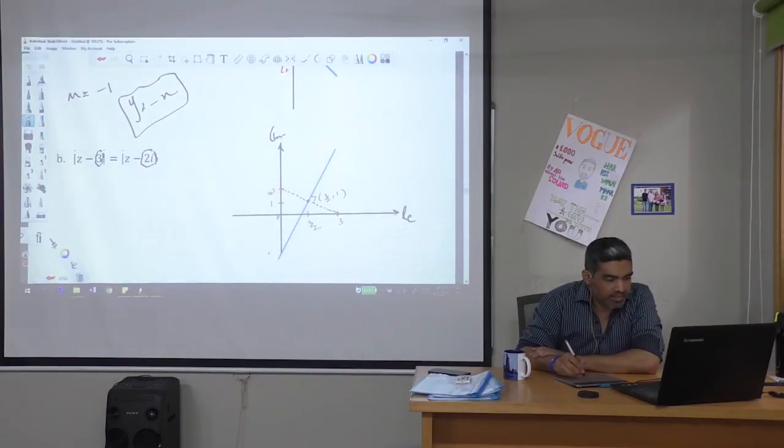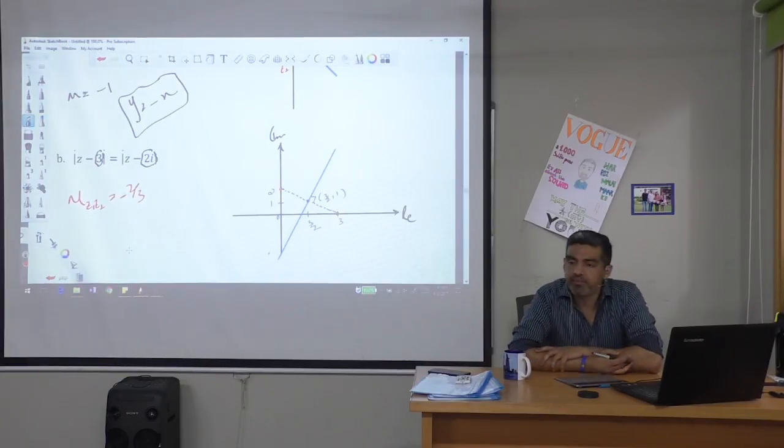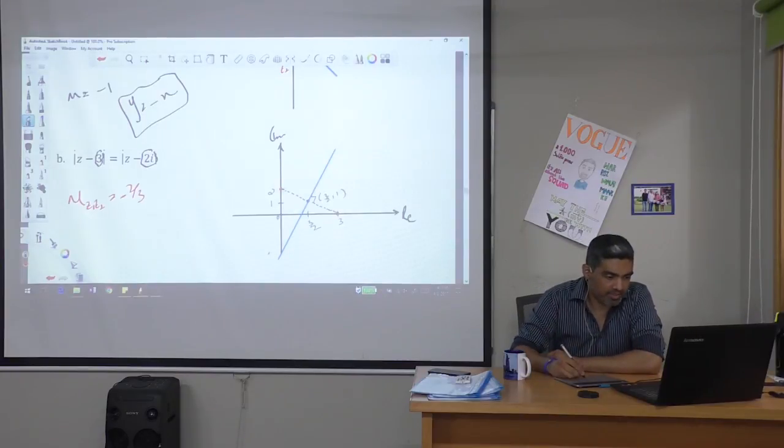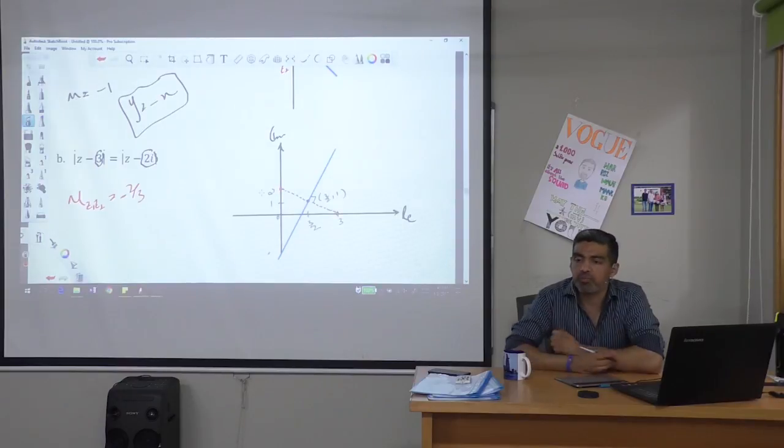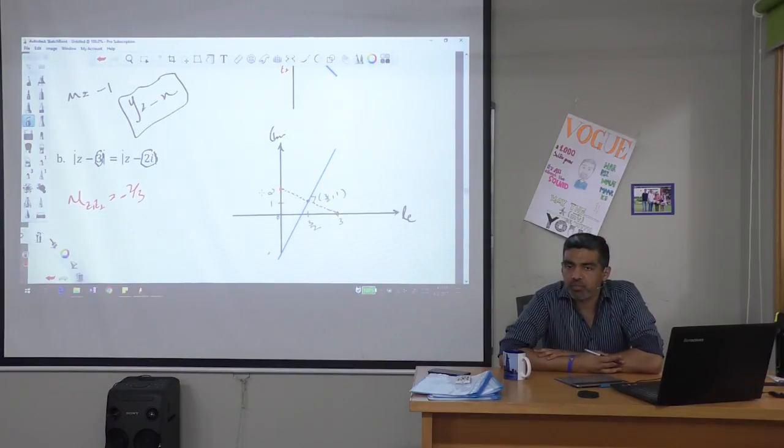So I guess the gradient of the line joining Z1 and Z2 is minus 2 by 3. Check. The gradient of this line: this is 3, 0, this is 0, 2. Check, you must be getting minus 2 by 3.